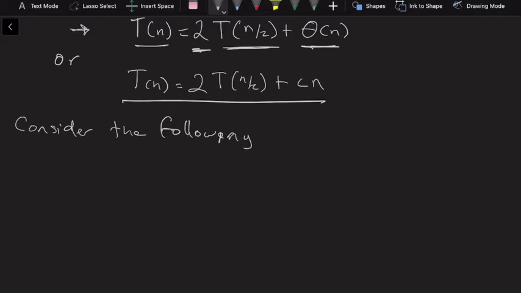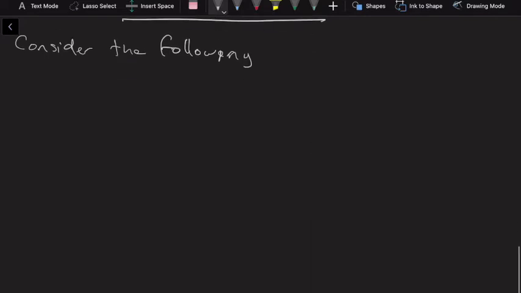To analyze how long merge sort is going to run, we know that at the end we have to do a constant times n amount of work to combine two different.